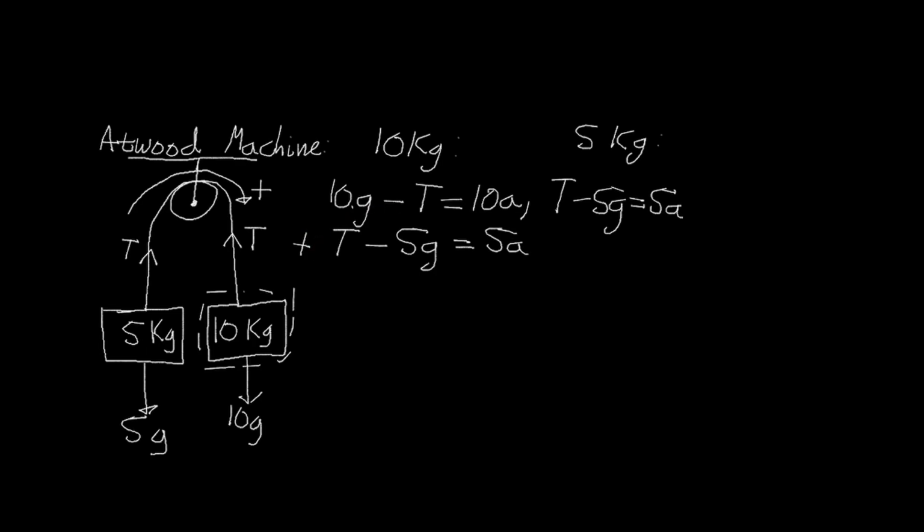So the positive T and the negative T will cancel. 10g plus negative 5g equals positive 5g is equal to, and then 10a plus 5a is equal to 15a. Or the acceleration of the system is equal to g on 3.